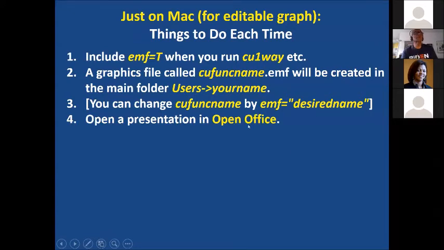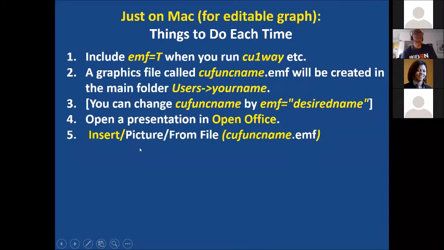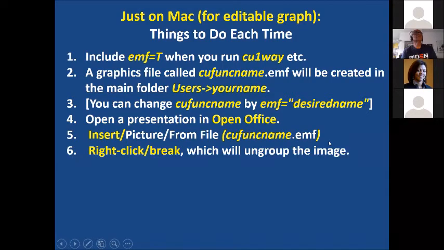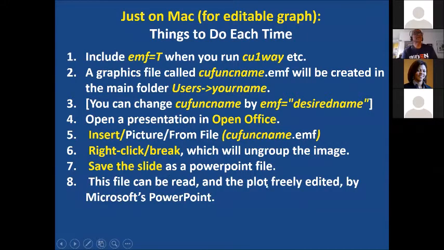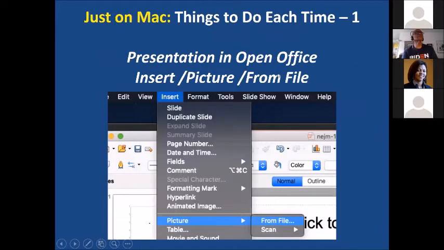And then start OpenOffice, and then you would say insert from this file. And then you would do a right-click break that will ungroup this message. Then you will save it as a PowerPoint file, and then you can work in regular PowerPoint. I have screenshots in the next two slides.